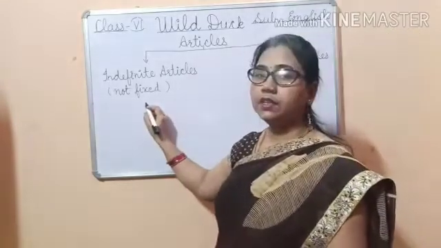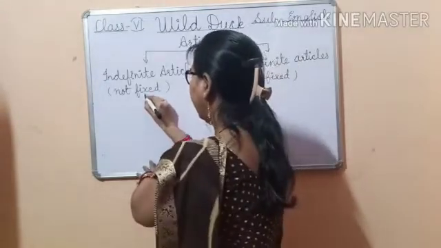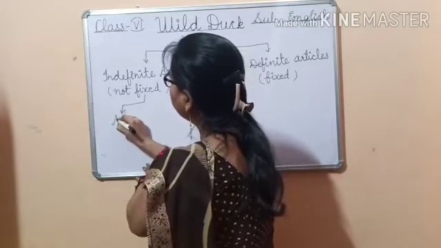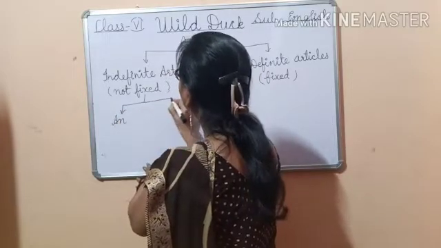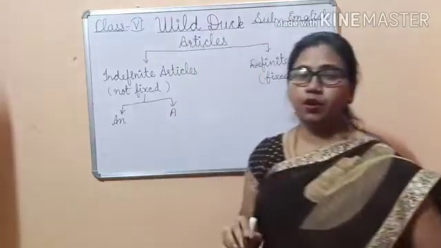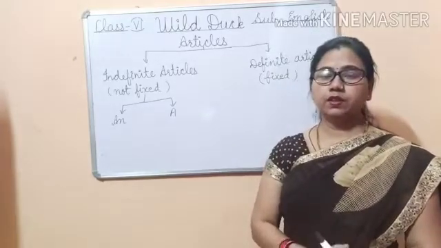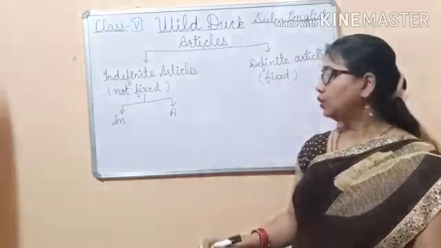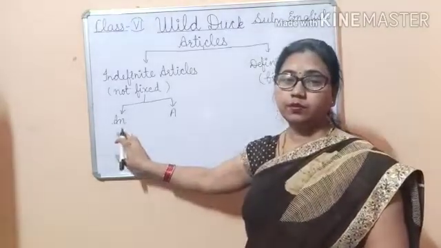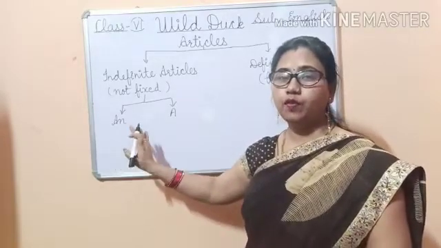In indefinite articles we use two types of articles: number one, an, and number two, a. We already know there are 26 letters in our alphabet. We have already studied that we use an before vowels.